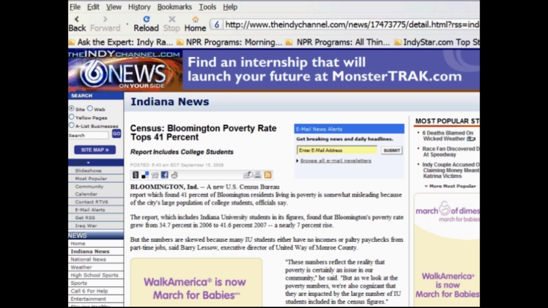And we'll talk about this later on when we talk about Bloomington economically. It's actually one of the shining stars right now in Indiana. It actually has an economy that's doing quite well. And so this makes it seem like the poverty rate is bad news in Bloomington, 41%, but it includes college students, which the previous slide showcased have a big role in that population pyramid.